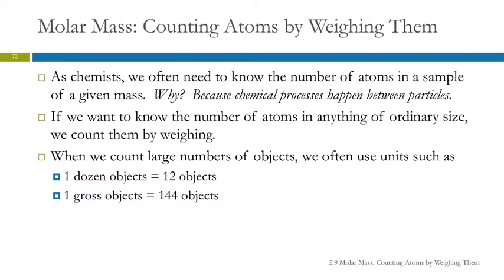Another counting unit is a ream. So you go to the office supply store and you buy 1 ream of paper. That's not a particular height of a stack or how much it weighs. It's how many pieces of paper. It's 500 pieces of paper. We have these units because they are convenient for the quantities of stuff we're dealing with.